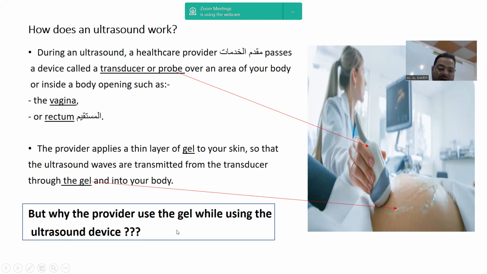The provider applies a thin layer of gel like that. Why? We will solve this question at the next slide. The gel is applied to your skin so that the ultrasound waves are transmitted from the probe through the gel and into your body.